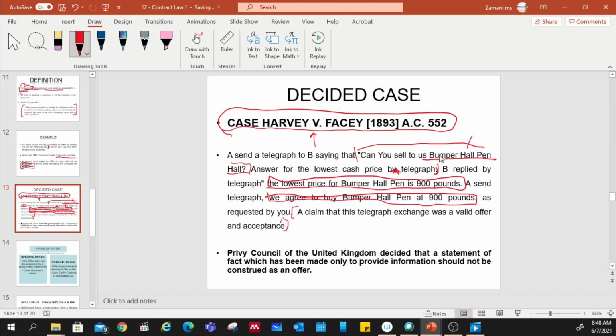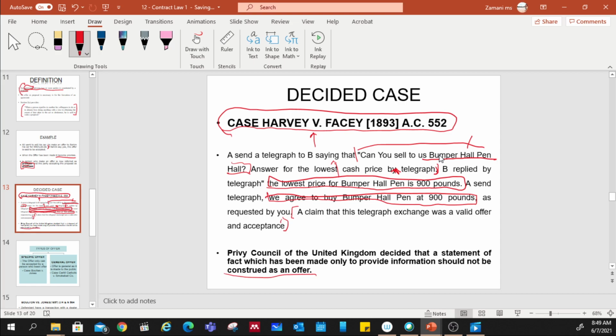This issue caused a problem where A sued B, saying that he didn't want to sell it. Finally, the Privy Council of the United Kingdom decided that a statement of fact made only to provide information should not be construed as an offer.